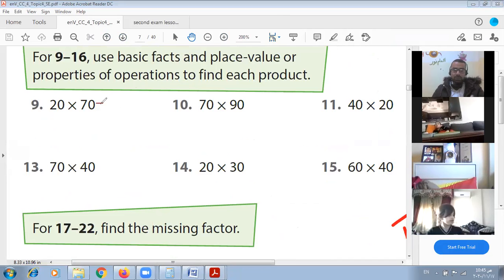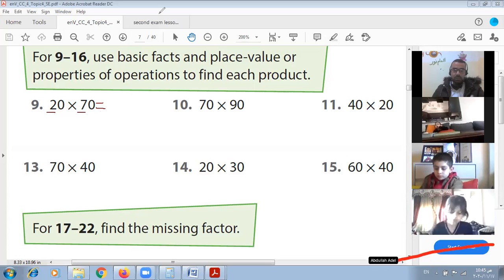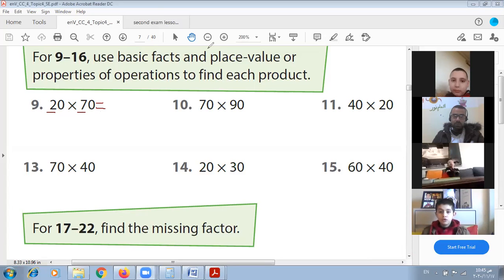So all I have to do, as the previous one, is to multiply the non-zero digits. So 2 times 7, that will be 14. Then we have 2 zeros left, so it will be 1,400. Another example here. At first, I will multiply the non-zero digits.